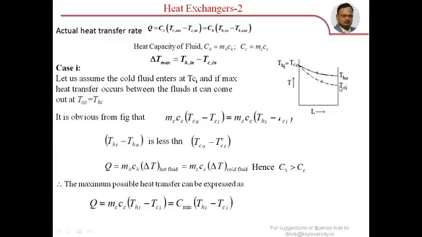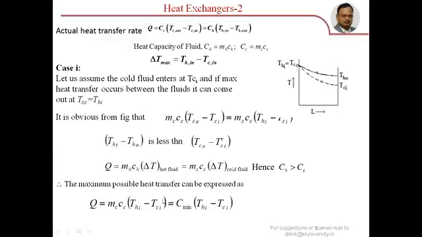This TCO, because it is undergoing maximum temperature rise, is equal to THI. So therefore, Q maximum is equal to MCCC into THI minus TCI. Look here, Q maximum is MCCC into THI minus TCI. And what is this MCCC? Heat capacity of cold fluid. And what is MHCH? Heat capacity of hot fluid.